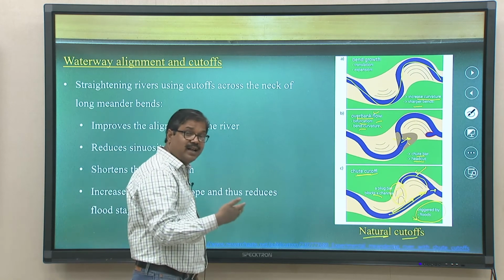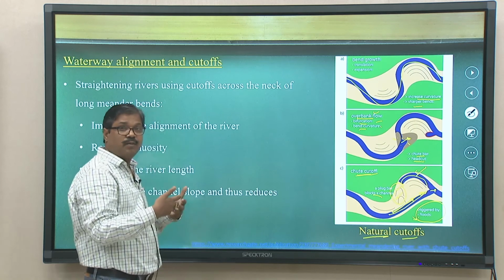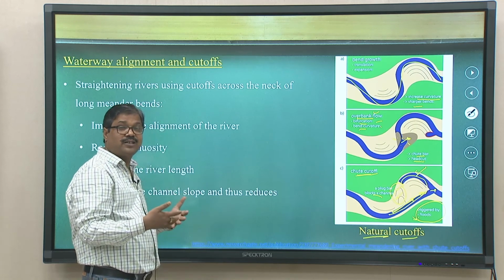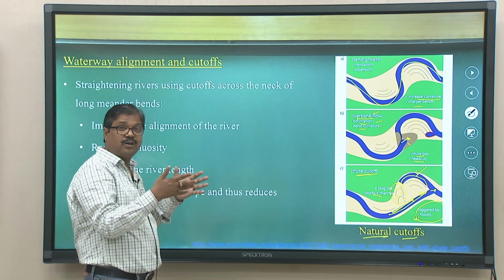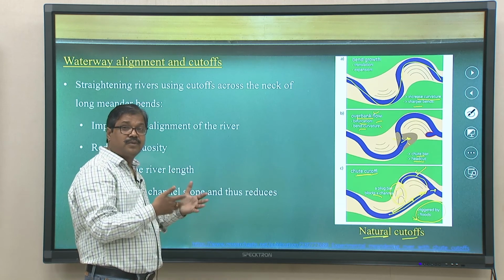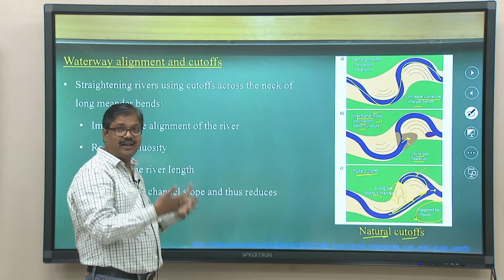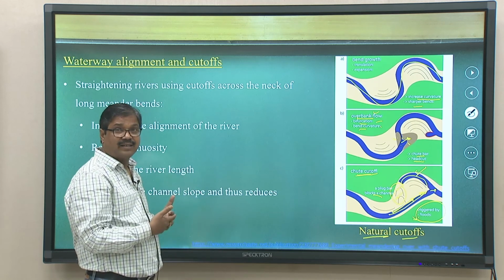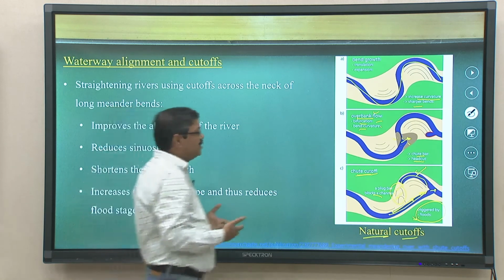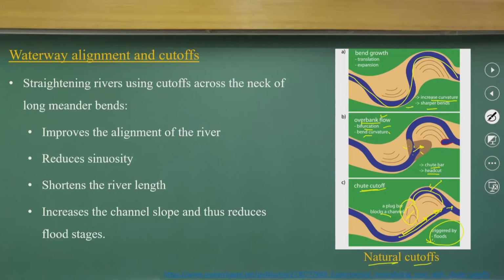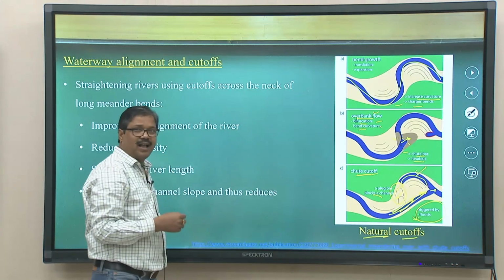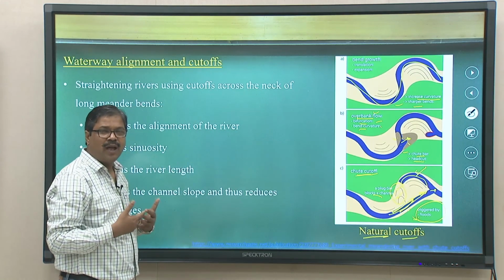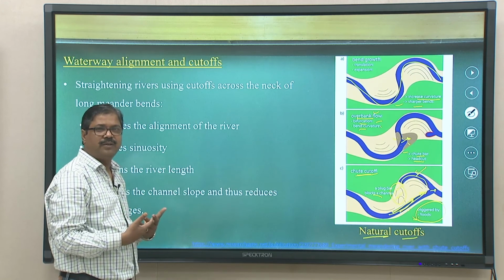That's the idea. We should always have morphology studies to understand how the cutoff process happens in a particular river or river reach, from past historical satellite imagery or any data set. That understanding is necessary to design an artificial cutoff. That is my point, that we have to understand river behavior.